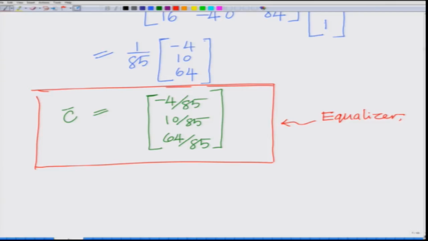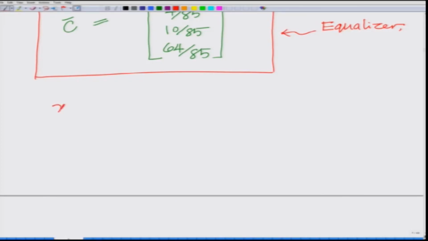So, what we have done is evaluate this quantity H transpose inverse times H into this vector 1 bar 2, and that has given us this equalizer C bar. Now what we have to do is that the equalized symbol x hat k can be evaluated as C bar transpose the vector y bar k. That is the last step, the implementation of the equalizer.